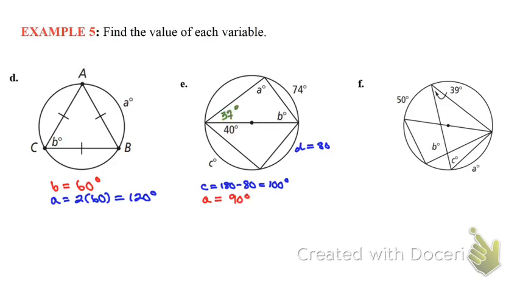And then B we knew was 37. Or no, B is not 37. The unmarked angle in that triangle is 37 because it's half of 74. So angle B was 53. You also could have just taken 180 minus 74 and then divided by 2.